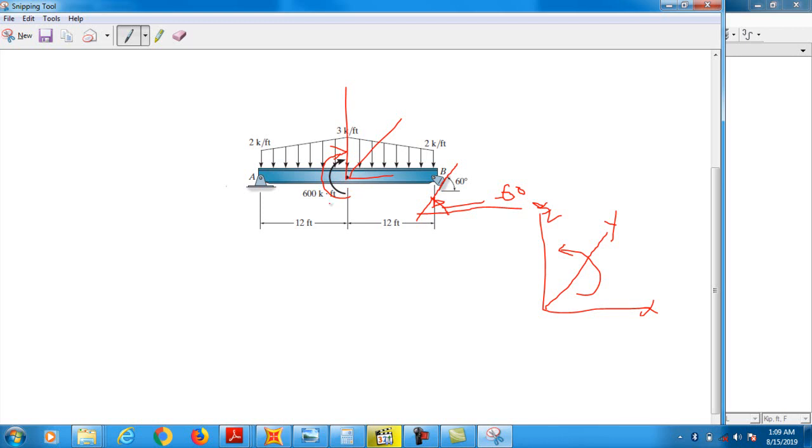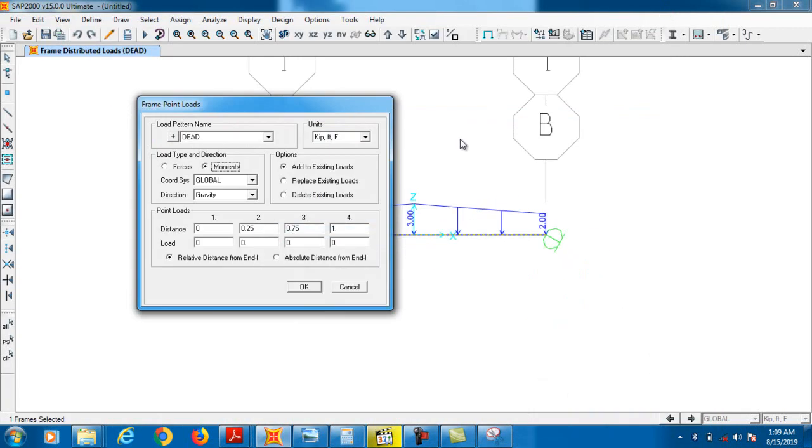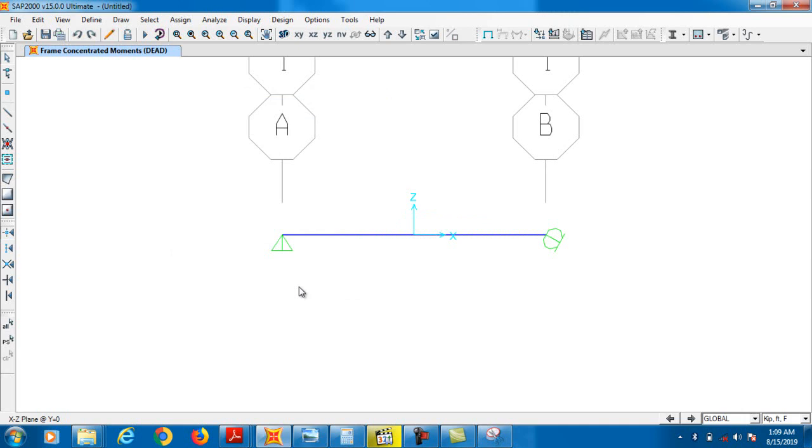Therefore the loading, which is 600 feet, is applied about the y-axis. It acts at a distance of 12 feet, and the magnitude is 600 feet. So the loads are assigned.